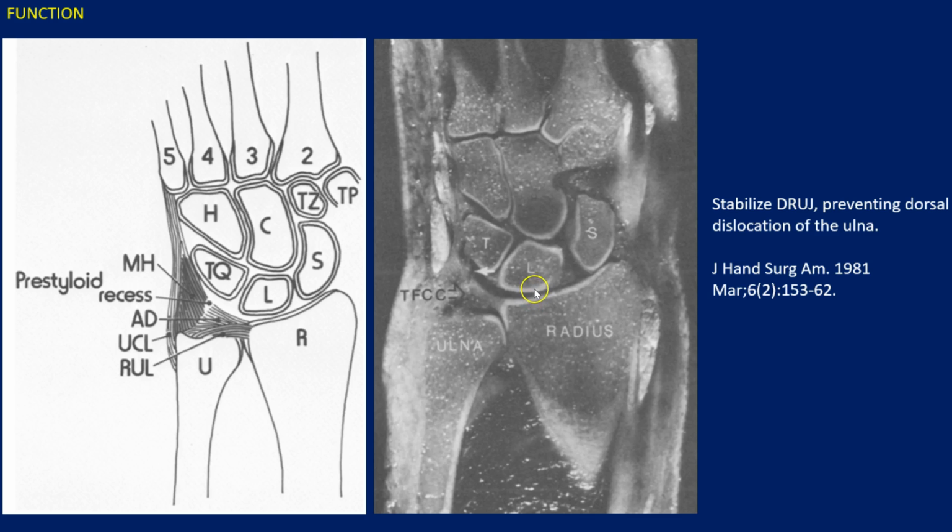And Palmer studied the function of the TFCC at various degrees of both pronation and supination, and learned that regardless of pronation or supination, the principal function is to prevent dorsal dislocation of the ulna. As a corollary to that, when there's tearing of the triangular fibrocartilage complex, there's subsequent instability at the distal radial ulnar joint and progressive instability at the ulnar side of the wrist joint.